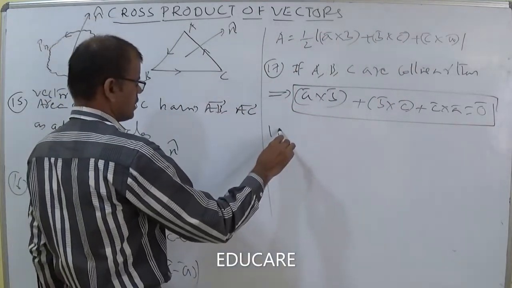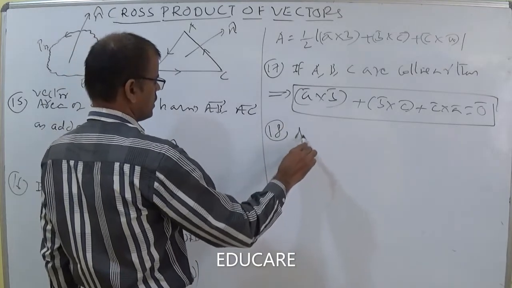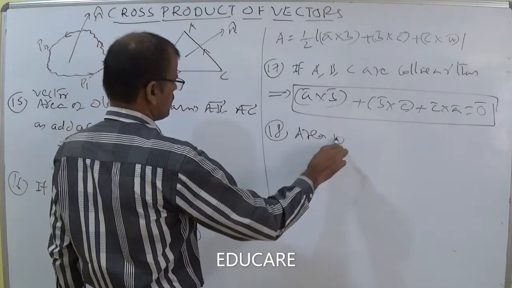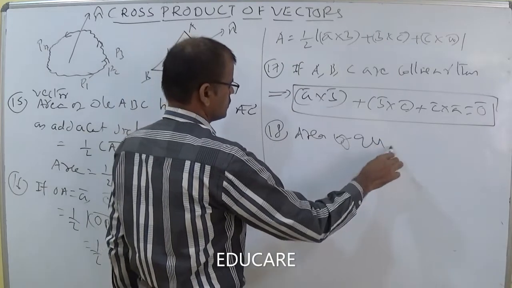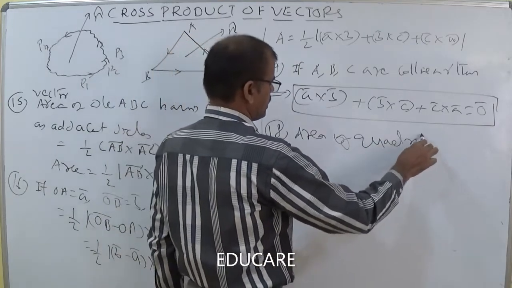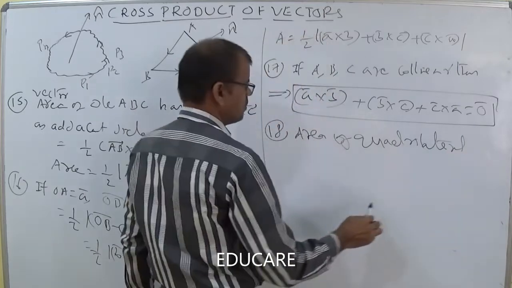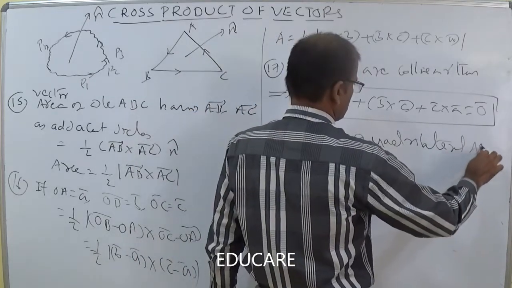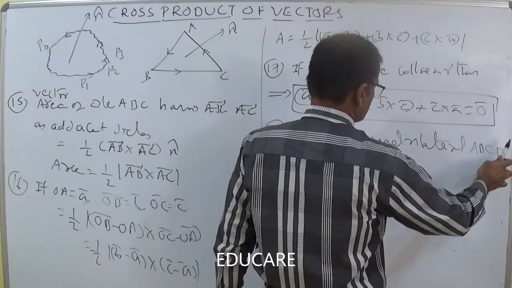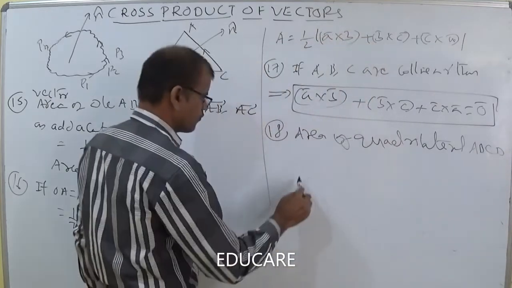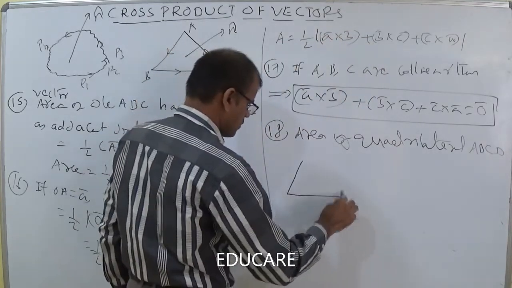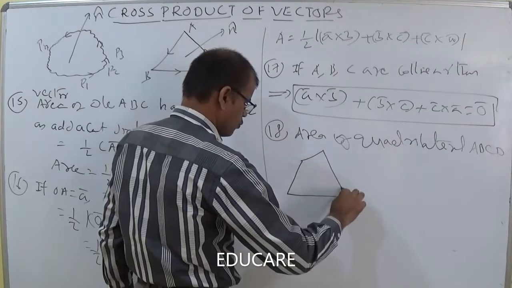18th one. Let us discuss the area of a quadrilateral. Quadrilateral ABCD, I am writing. A quadrilateral is a closed geometrical figure with 4 sides and 4 vertices.